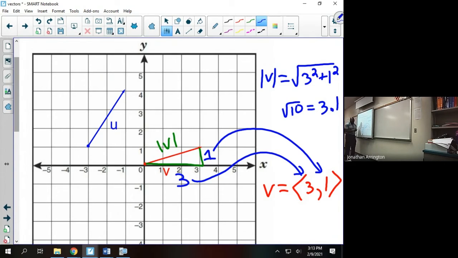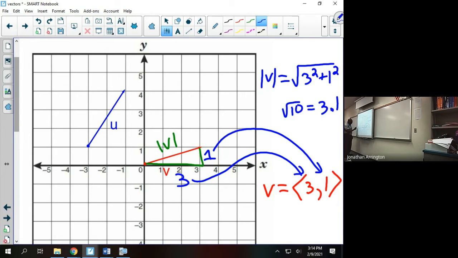People can answer the question, how can I find the length of V, two ways? To me, the most efficient way is to say Pythagorean theorem, but people can also say distance formula. One of those x1 and y1, or x2 and y2, whichever one you want to label it, is 0, 0. So you end up just squaring those components.